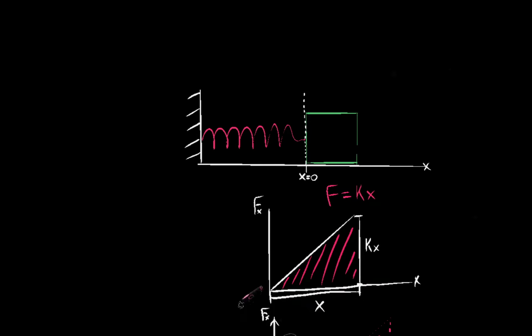As we let the block go from its stretched position, then the block would be going this way, and it's still in its stretched position. And so the spring would be doing positive work, because the spring is still pulling it back towards its x equals 0 point.